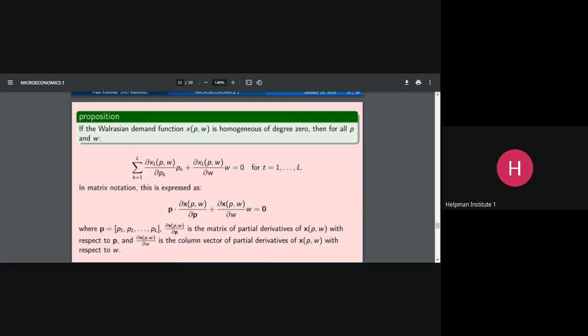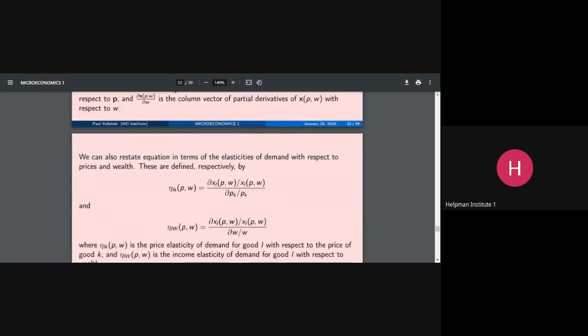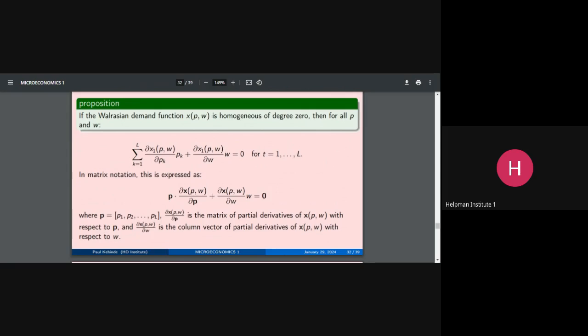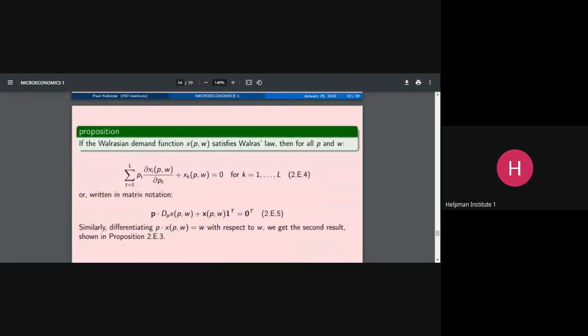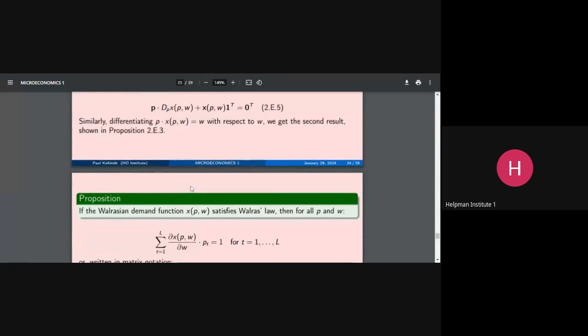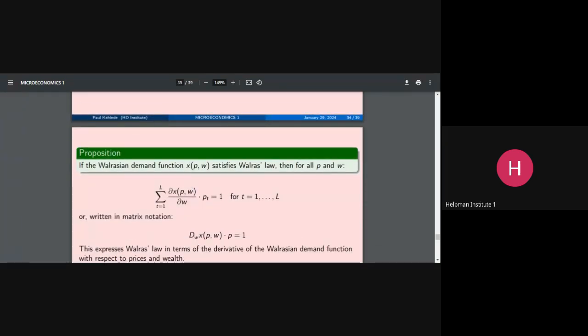There are proofs for it, all right? So I will provide the proofs. Let me show us the proof in a few minutes. Similarly, we also have a similar proposition. This is the proposition that also follows: if the Walrasian demand function satisfies Walras' law, all right?